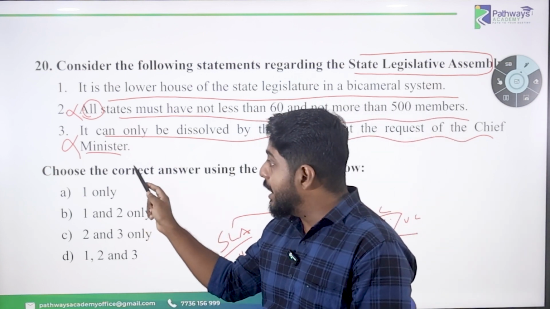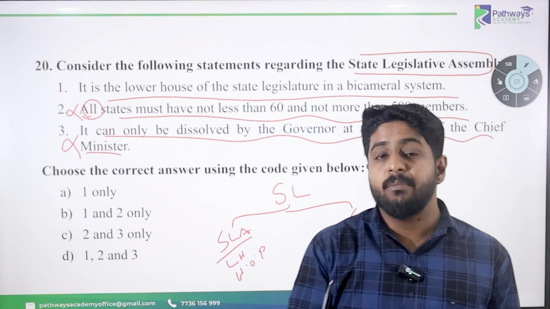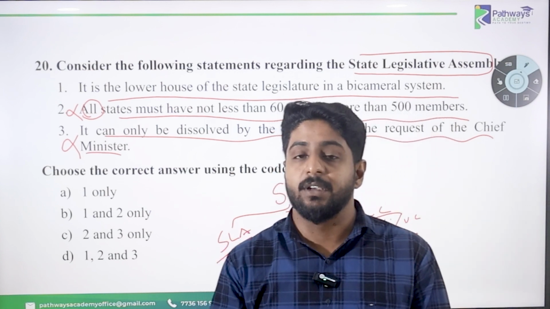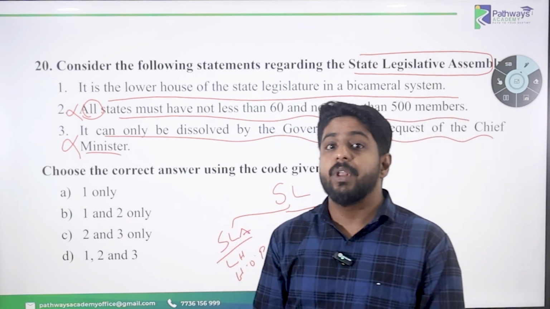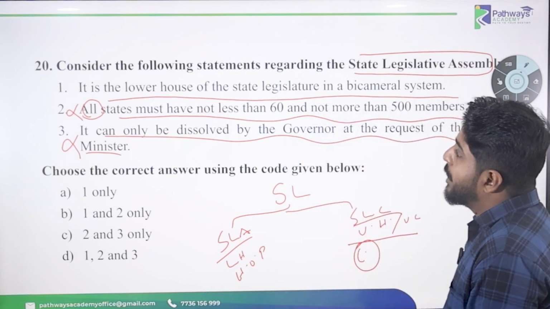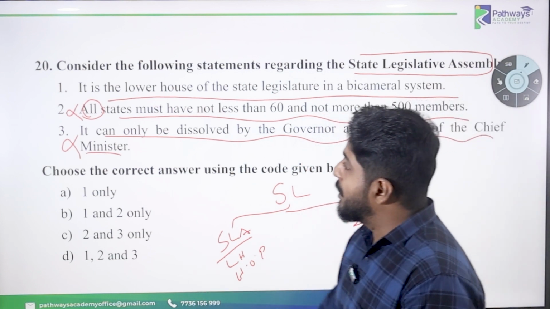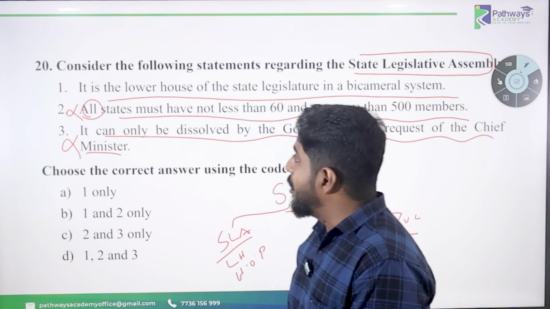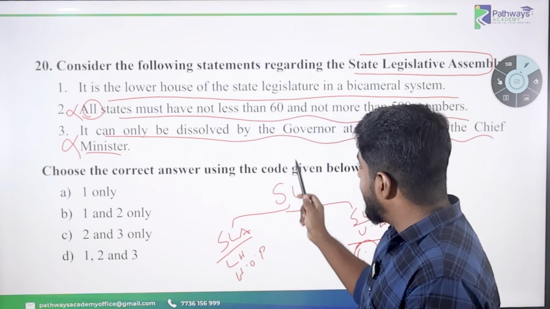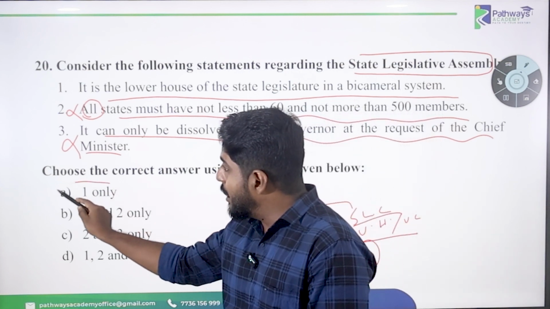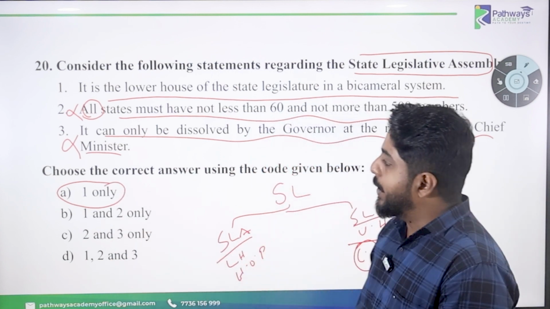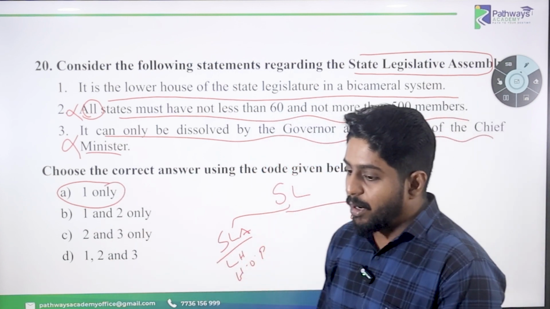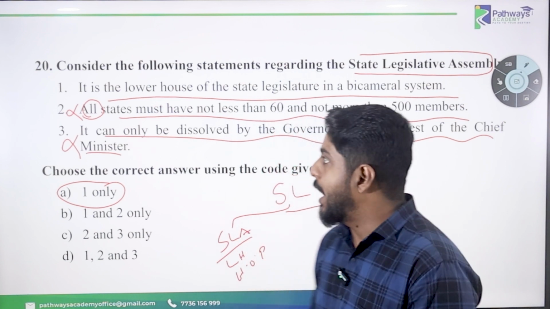It is not exclusively by the advice of the chief minister. It can be dissolved during the time of the president's rule also. So these two statements are wrong. The right statement is option A, that is one only. So question number 20 will have option A as the right answer.